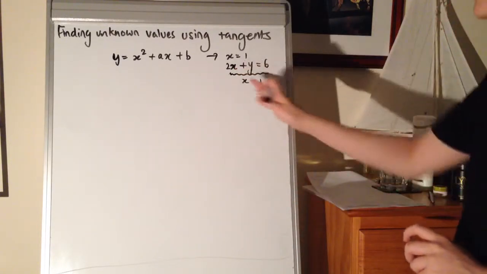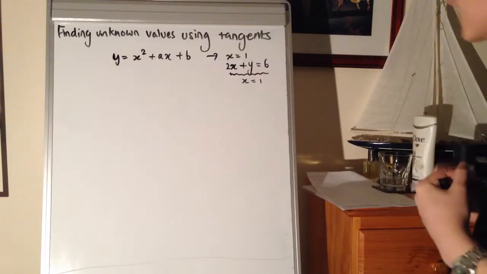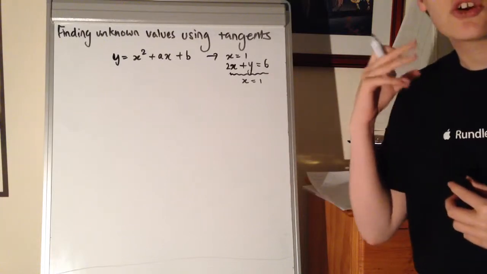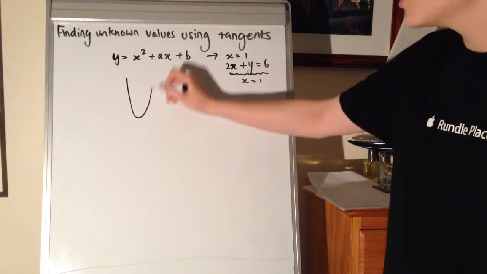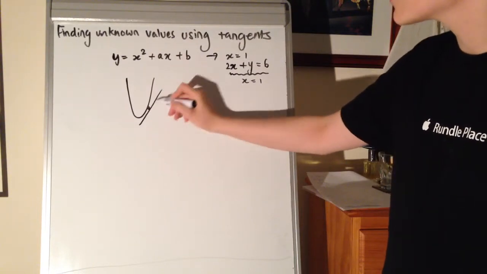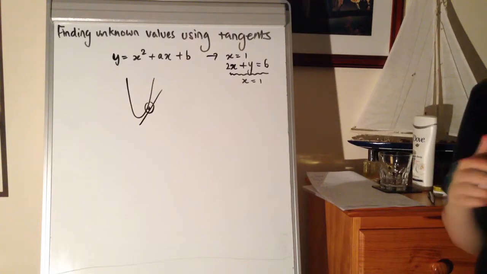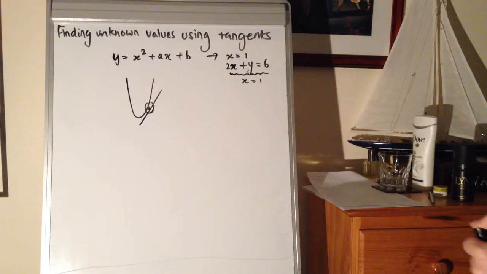We can plug in 1 for x and rearrange to find y. Graphically, we've got a convex parabola and a tangent at x equals 1. This is a shared coordinate point that we're trying to find, and it will allow us to identify the values of a and b.